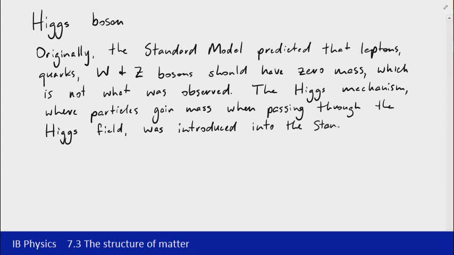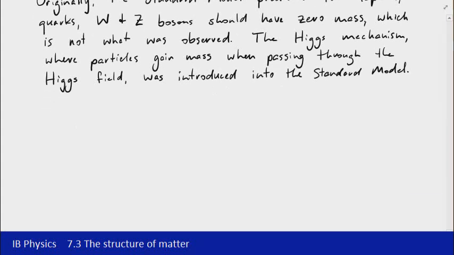And the helpful thing about that is that it wasn't just this mechanism that explained something. A point to note here as well is that the more strongly a particle interacts with the Higgs field, the greater its mass.